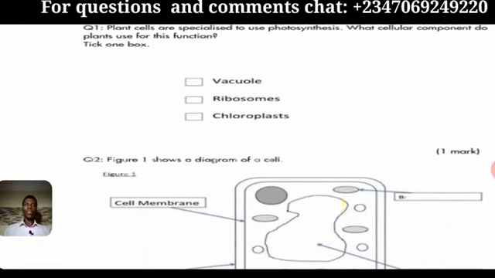If you attended the last class, you'll be able to answer this easily. Plant cells are specialized cells, specialized to use photosynthesis. What cellular component do they use for this function? Remember the formula: pause the video, think of the answer, say it or write it down, then play it to hear the answer. So I guess you mentioned what? Chloroplast. So they use chloroplast for photosynthesis.